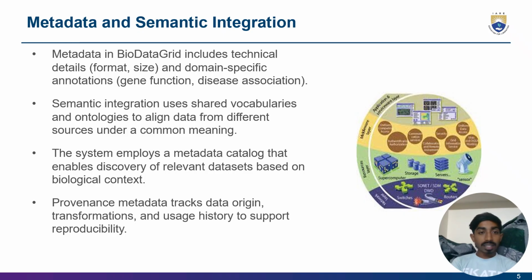Metadata and semantic integration. Metadata in BioData Grid includes technical details, domain-specific annotations, gene function, and disease association. Semantic integration uses shared vocabularies and ontologies to align data from different sources under a common meaning.